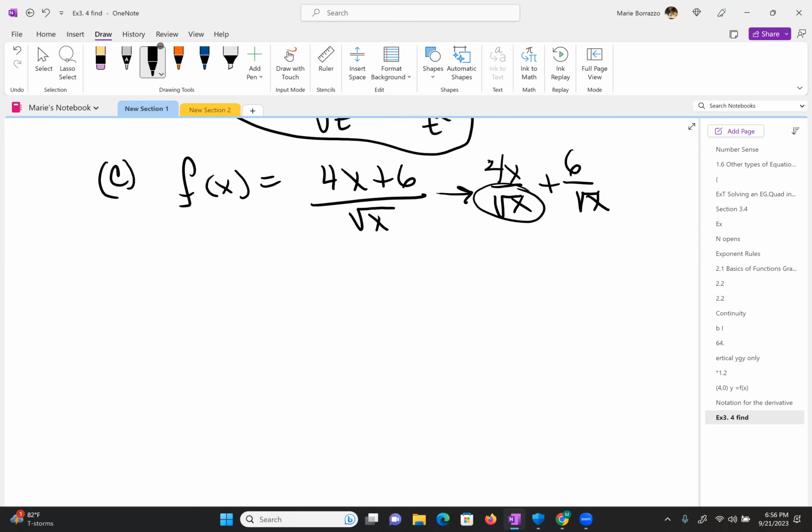All I'm doing is saying that if this is 4x, for example, I'm going to multiply that 4x times x to the -1/2. Remember, this is x to the 1. Over here on this side, I'm going to say plus, but technically I don't know that yet, because this is 6 times x to the -1/2.